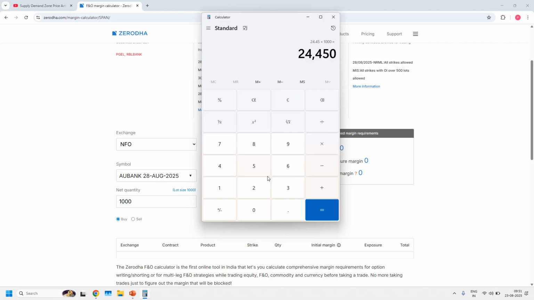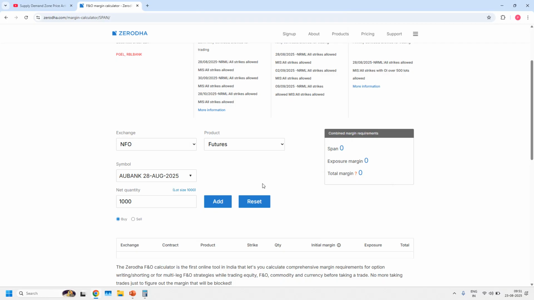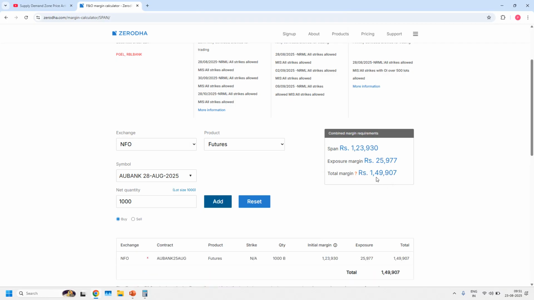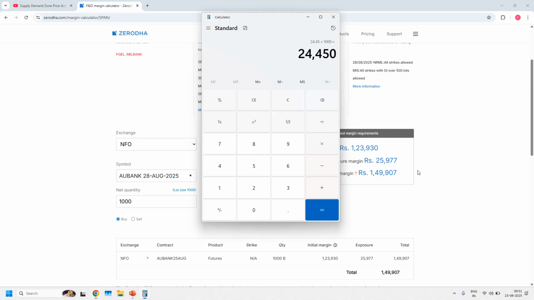And what could have been the ROI within 2 days? What is the ROI we would have got? Let us do a rough calculation. 1,49,000 for the current closing price. We don't know exactly what the current closing price is, but let me consider 1,50,000, I will give more value.